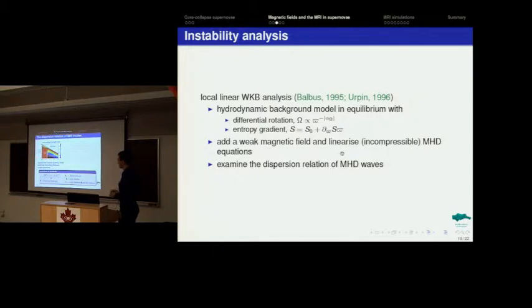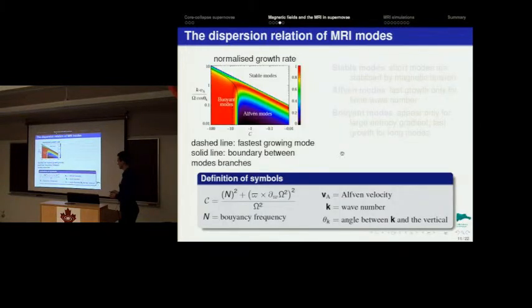First, the symbols I'm using here in this plot. N is the buoyancy frequency, and this is the radial gradient of omega. So C is a measure of the combined thermal and rotational instability, then the Alfvén velocity and the wave number of a mode.